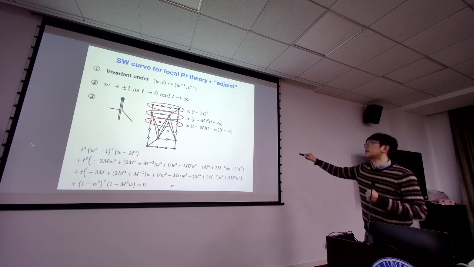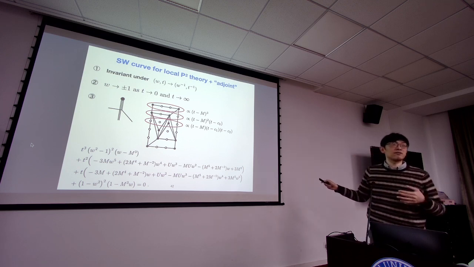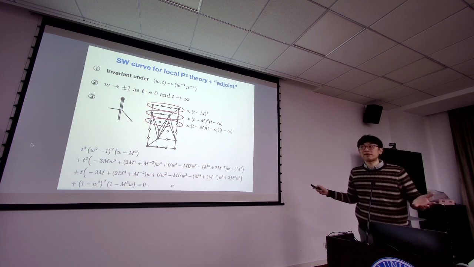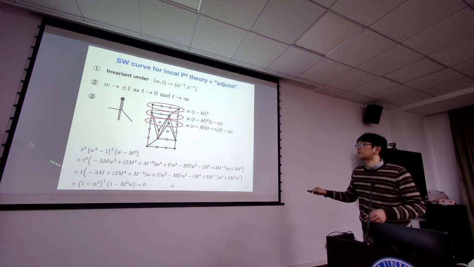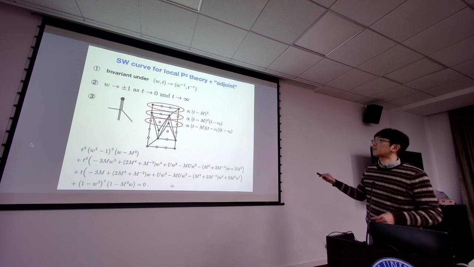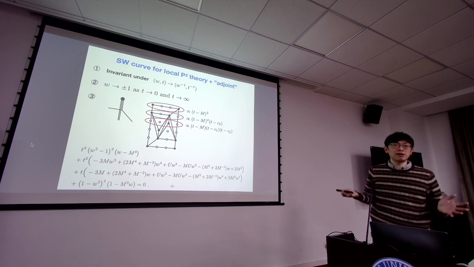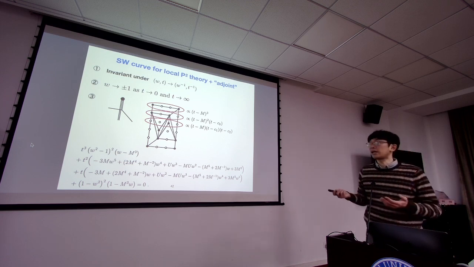In this case, we know how to deal with it. This is a kind of generalization of class S theory, of how to obtain the Seiberg-Witten curve from class S theory. This is a 5D uplift of such an idea, and then we obtain the Seiberg-Witten curve.